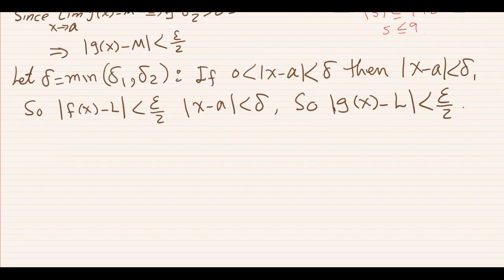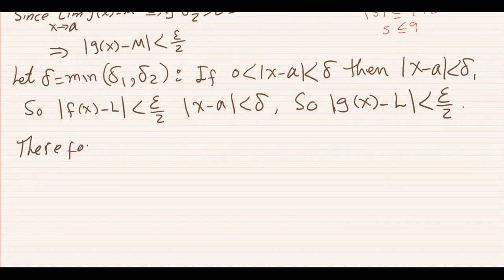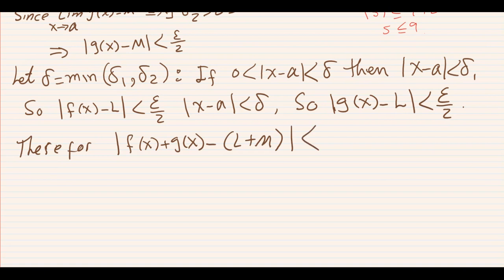So what do we have here as a result? Therefore, the absolute value of f of x plus g of x minus L plus m is going to be less than epsilon over 2 plus epsilon over 2, and this would be equal to epsilon, right?